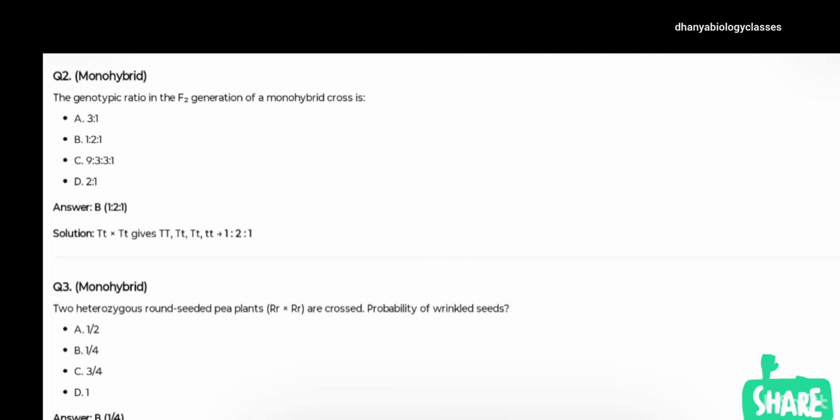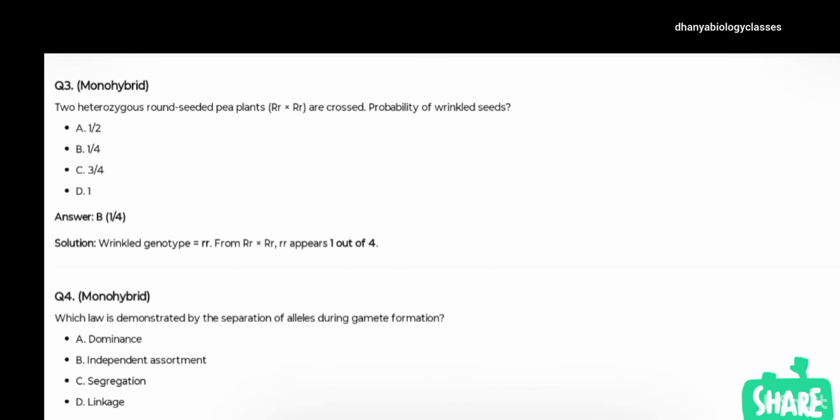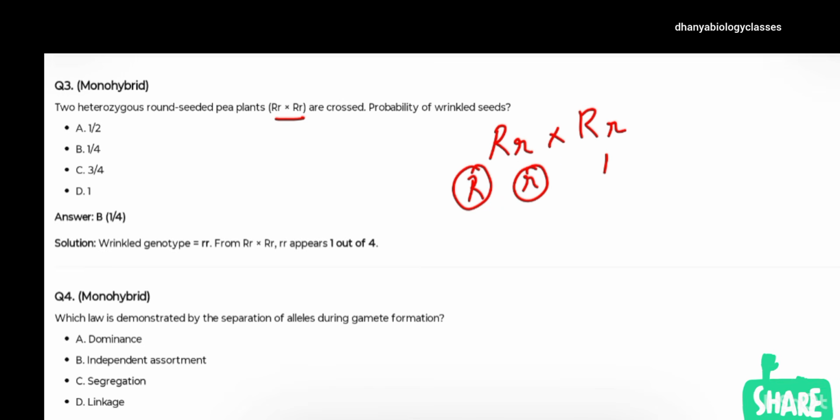Next question: the genotypic ratio in F2 generation of monohybrid cross is what? 1:2:1. Option B. Two heterozygous round-seeded pea plants, that is capital R small r and capital R small r, are crossed. Probability of wrinkled seed? So capital R small r and capital R small r. Okay. So here 2 gametes, capital R and small r. Here also 2 gametes, capital R and small r.